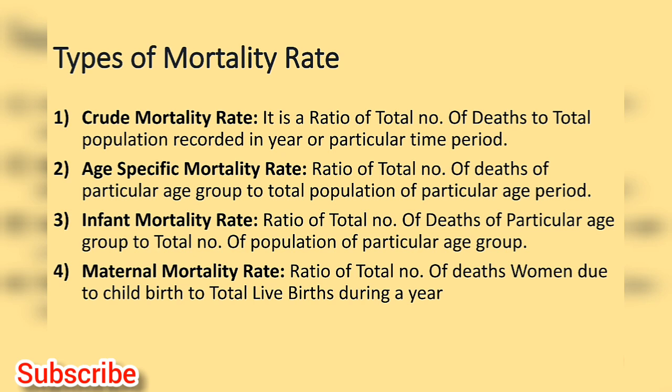If I say in simple words, maternal mortality relates to how many women died due to giving birth to a child in a particular time period. So maternal mortality rate is a ratio of total number of women deaths due to childbirth divided by total live births in a particular time period, multiplied by 1000 or 100.